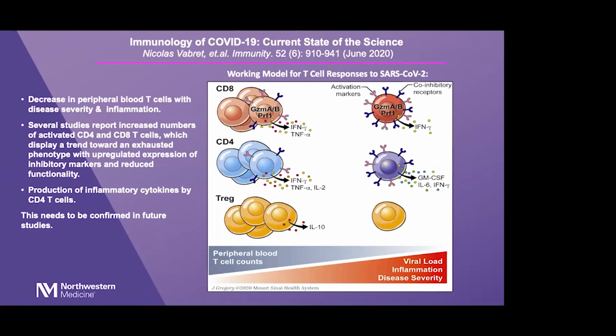And that the residual cells that are there are actually activated cells, some of which display exhausted phenotype as well as regulatory phenotype. And most of these cells secrete inflammatory cytokines. Of course, this needs to be confirmed in the future. Next slide, please.